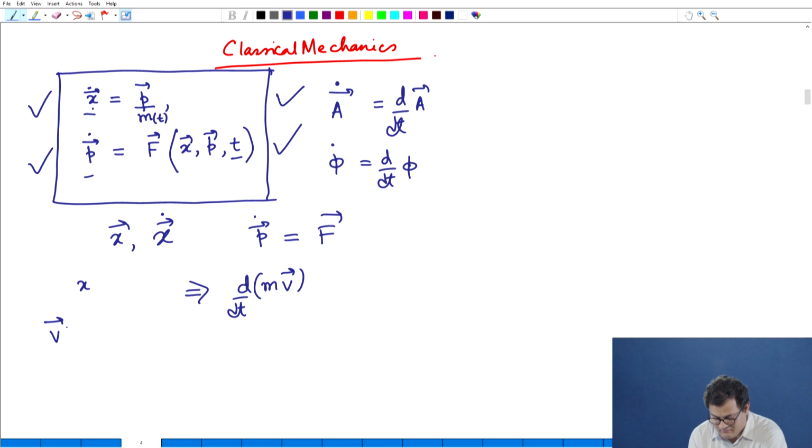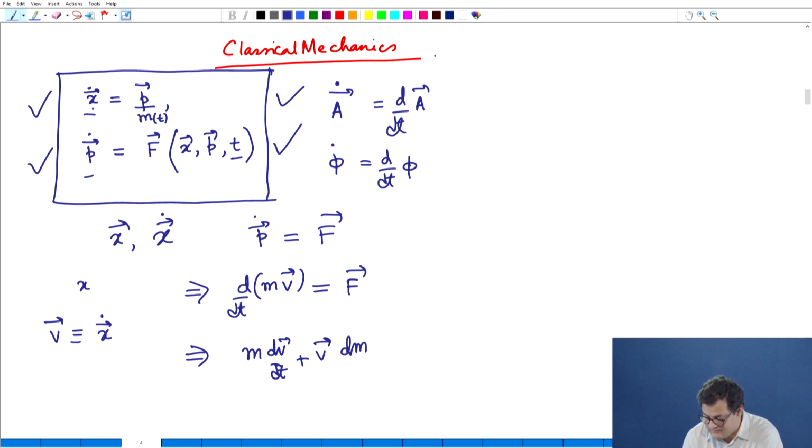So I can write that d/dt of (m v) equals f, which gives m dv/dt plus v dm/dt equals f.